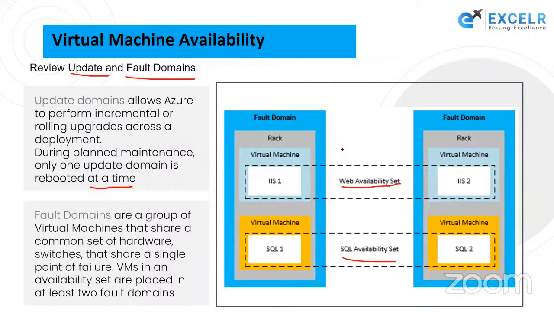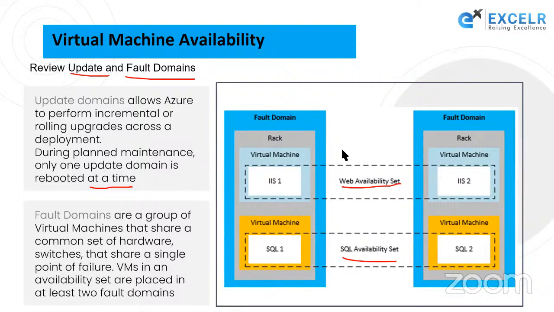By ensuring this, you will have at least one of your virtual machines working properly whenever there is planned maintenance. So this is the update domain, wherein you place your virtual machines in different update domains so that whenever there is planned maintenance, your application will not be affected.